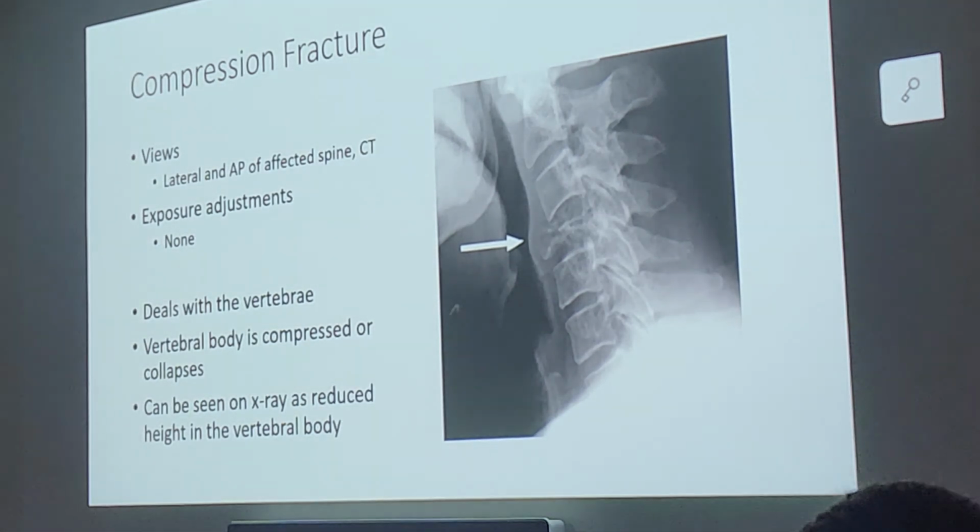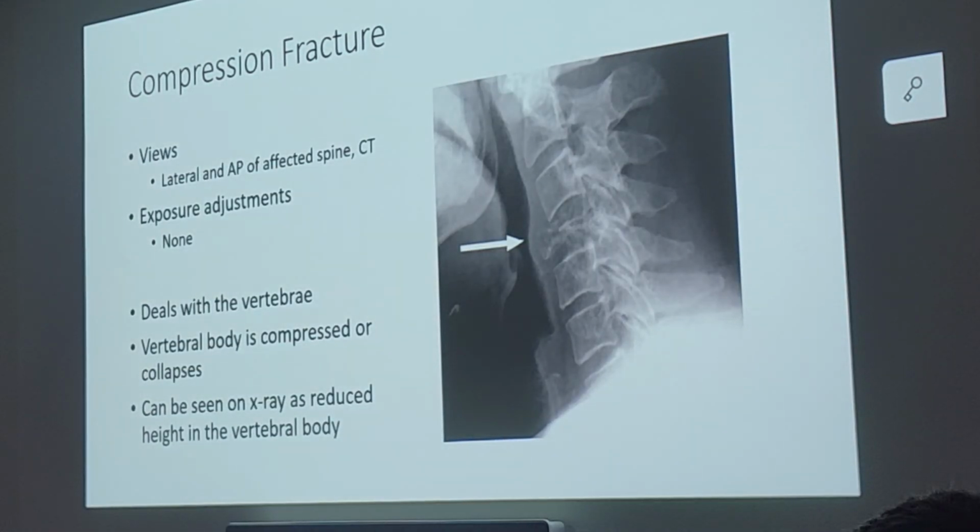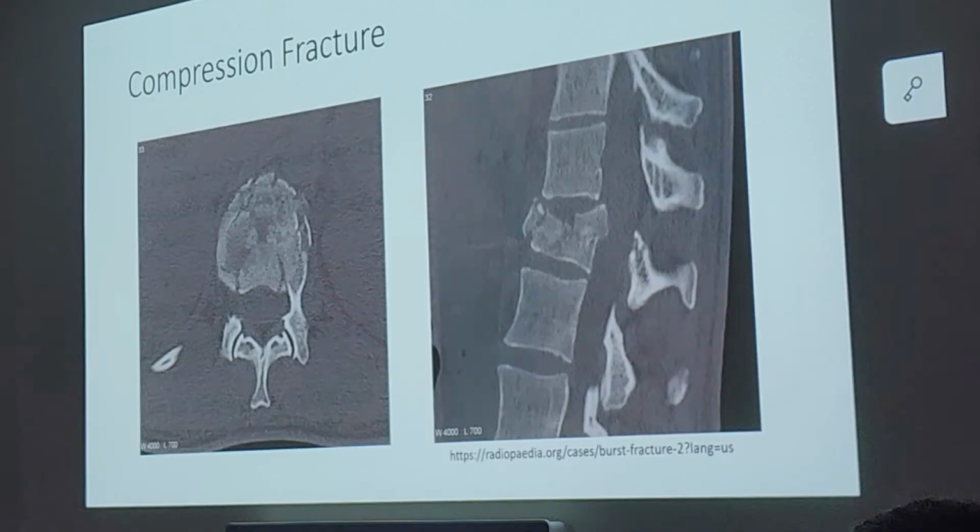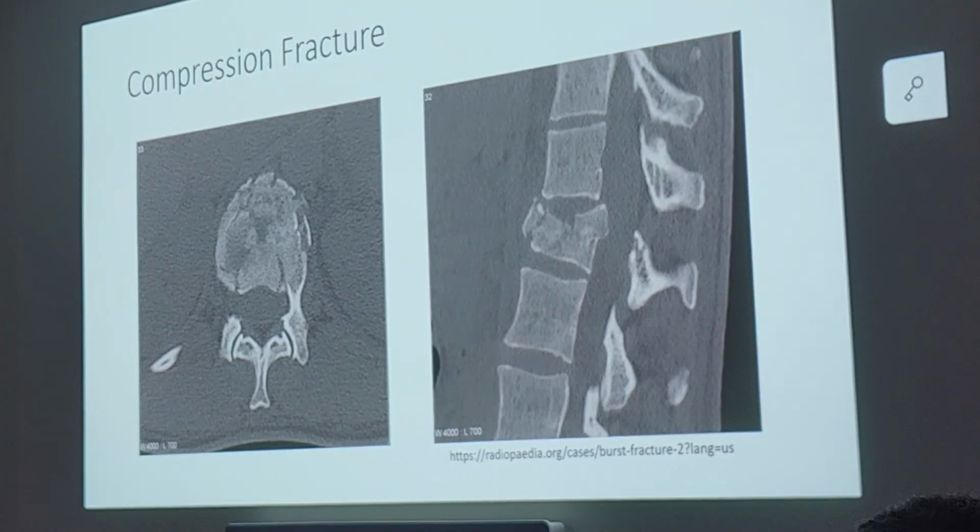So did you say it happens to the C-spine? Yeah, it can happen anywhere within the spine. I think we have some other pictures of other spines. So which spine is this right now? A lateral C-spine, good. Do we have any others? Or just that CT? Alright.